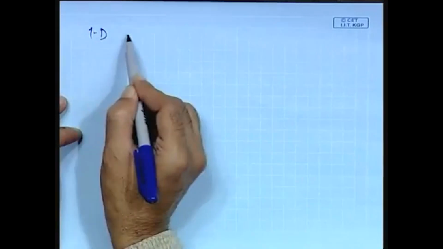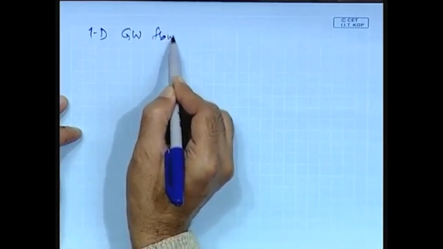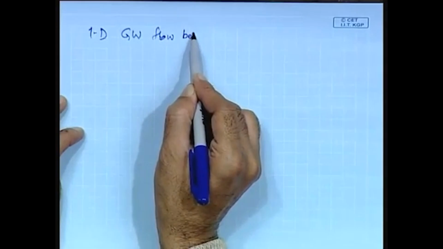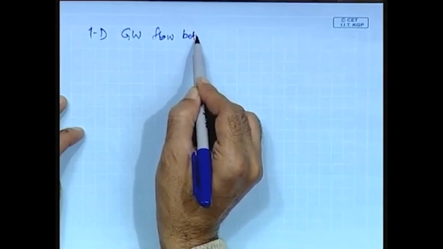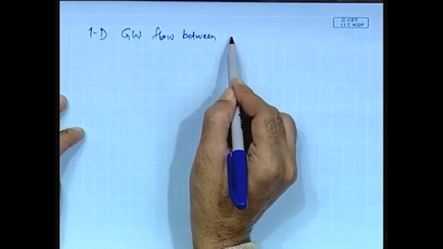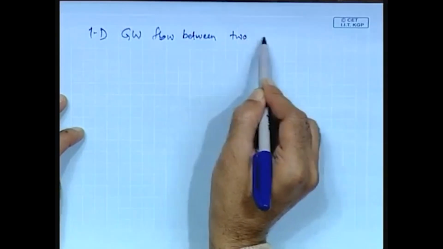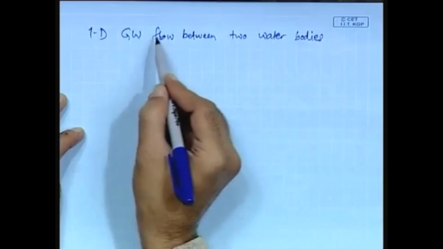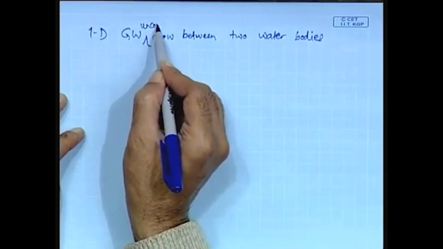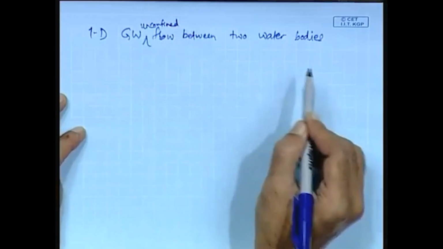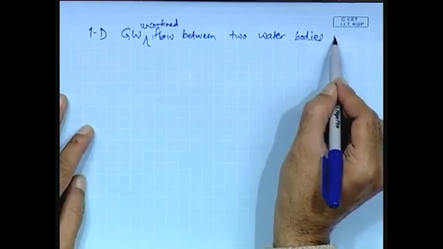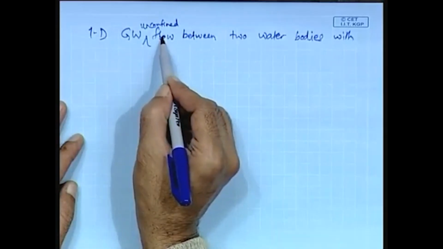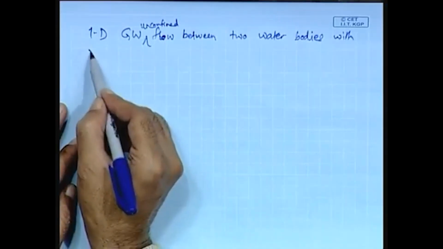So, let us say this is a 1D groundwater flow between two water bodies, groundwater unconfined flow with recharge.